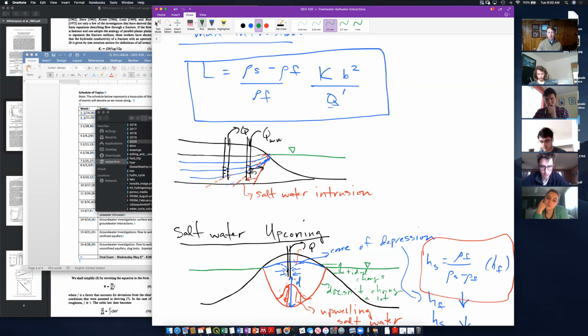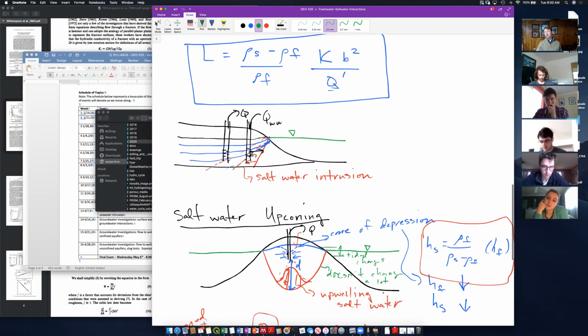A lot of that depends on the magnitude of the tidal change, but in most places we don't worry too much about tidal influence. We worry more about the long-term shape and the steady state location of the interface.